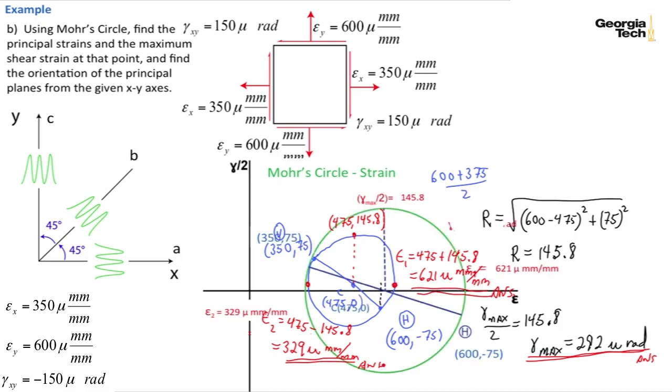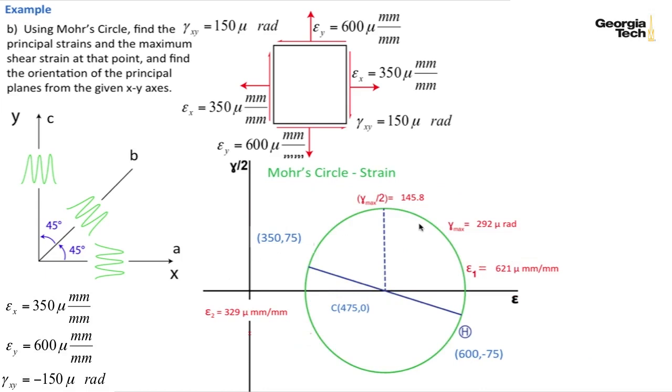Here I've gone ahead and plotted it out so that it's much cleaner and easier to see. The last thing I want to do is find the orientation of the principal planes from the XY axis. So let's take, from the horizontal face, this angle 2 theta sub p on Mohr's circle. Sine of 2 theta sub p is going to be equal to the opposite side, which is 75, over the hypotenuse, which is the radius, 145.8.